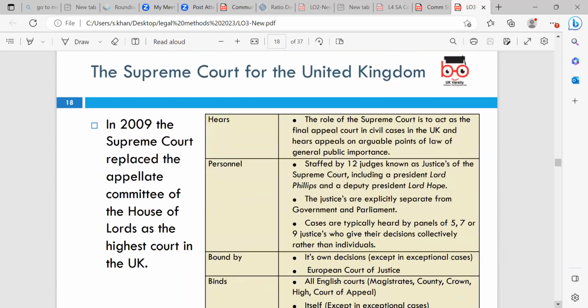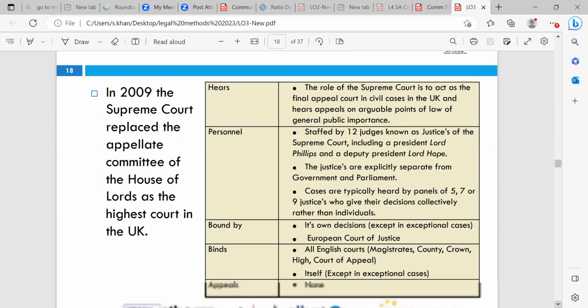This is the highest court, the Supreme Court of the UK. In 2009, the Supreme Court replaced the Appellate Committee of the House of Lords as the highest court in the UK. The role of the Supreme Court is to act as the final appeal court in civil cases in the UK and to hear appeals on arguable points of law of general public importance.